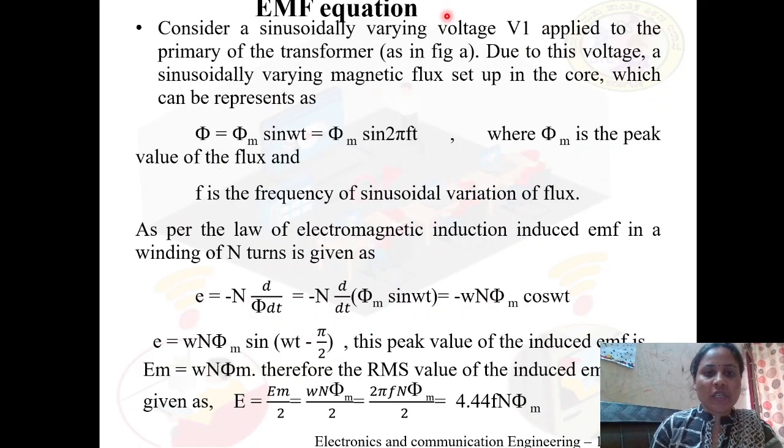Now let us see the equation for EMF for the transformer.